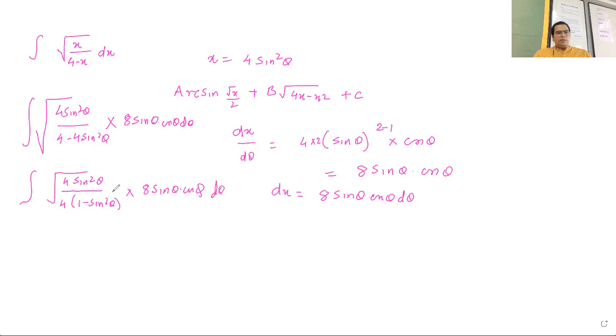Now you cancel this out, so sine square theta upon cos square theta, because 1 minus sine square is cos square theta, becomes sine theta upon cos theta. Again, the use of identities plays a very important role in understanding such questions. So sine theta upon cos theta, if you integrate, this is going to be 8 times sine theta cos theta.